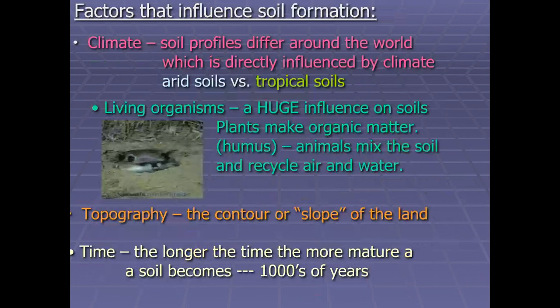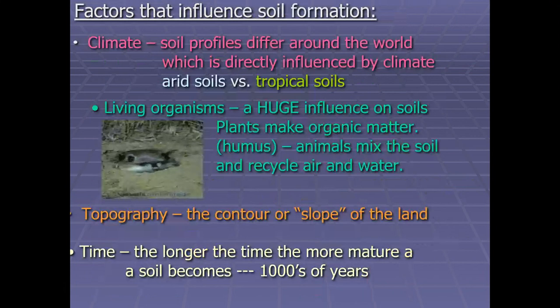And finally, probably the biggest influence and biggest factor that can determine a soil profile is the last bullet point on the slide, and that's time. The more geologic time that's present, the more mature the soil becomes.